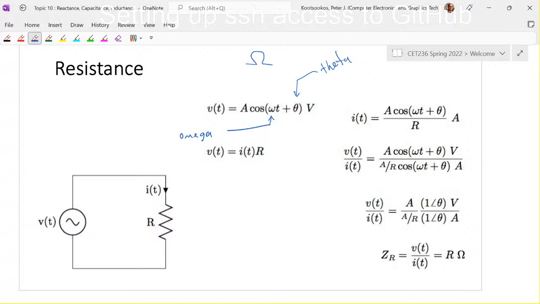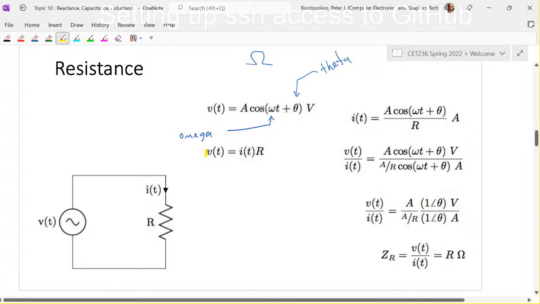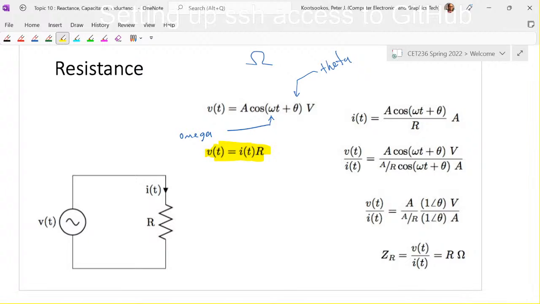Now we know Ohm's law applies in this, so we can just do V equals IR. The only difference between this V equals IR and the V equals IR we've done before is the voltage changes. It doesn't matter. It just means the current changes to match.